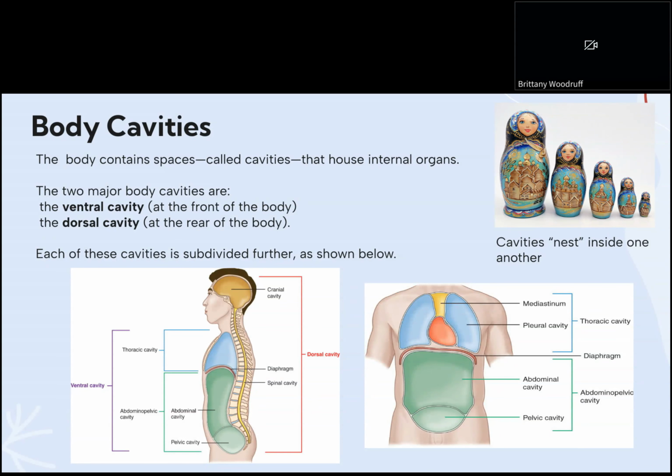So sometimes you're going to hear thoracic cage. They're just talking about the rib cage. Abdominopelvic is really easy though, right? It's your abdominal cavity and your pelvic cavity. So you just add those two words together and you get abdominopelvic. Your abdominal cavity has like your digestive organs.